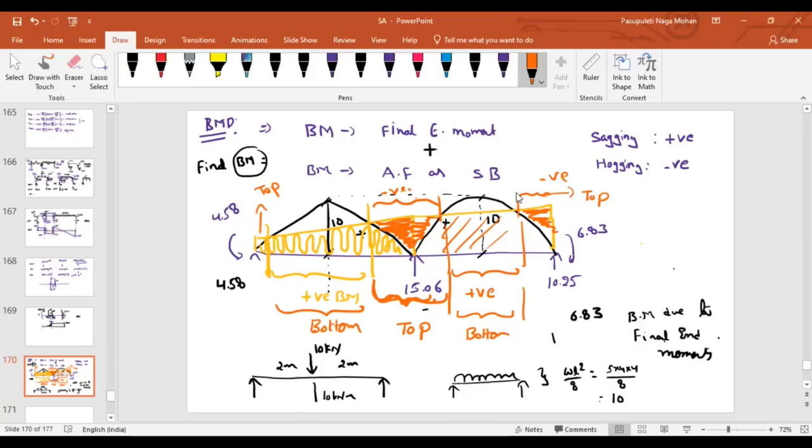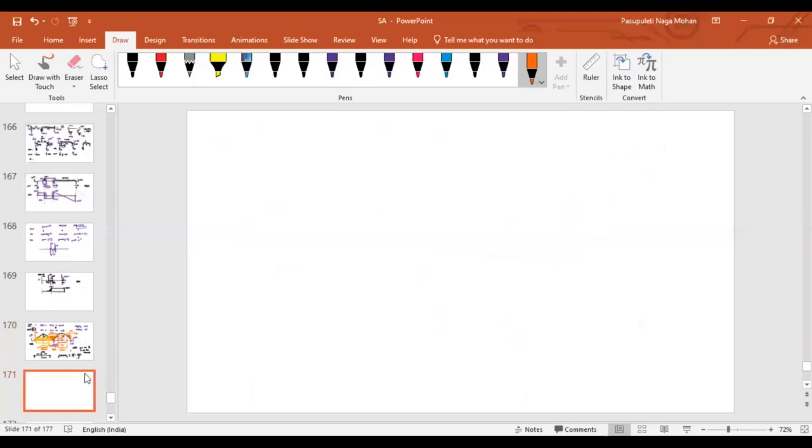After we find the final end moments, next we'll find the support reactions, then draw the shear force diagram, and then the bending moment diagram. The procedure is the same after we find the final end moments. That's why we have clearly explained this program. In the next class, when the moment distribution method is discussed, we won't discuss again how to draw the shear force diagram and bending moment diagram.